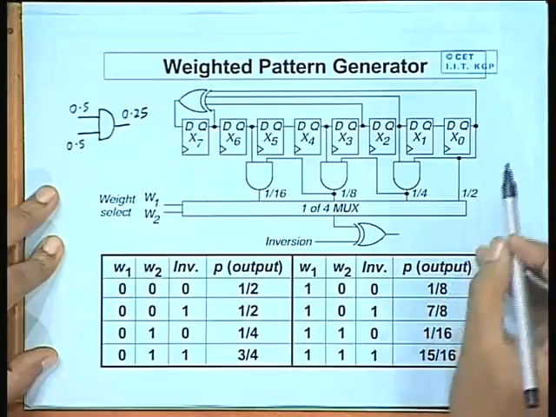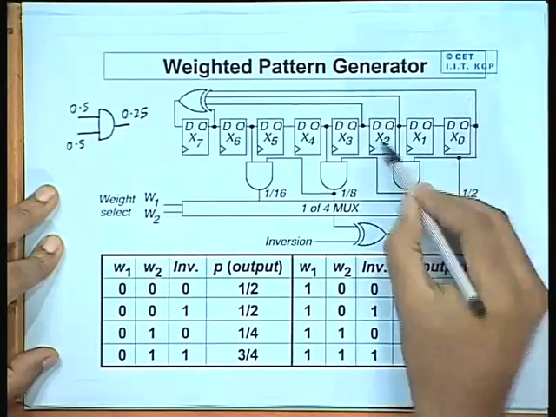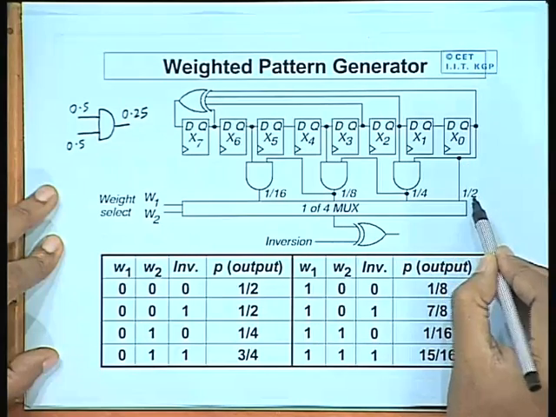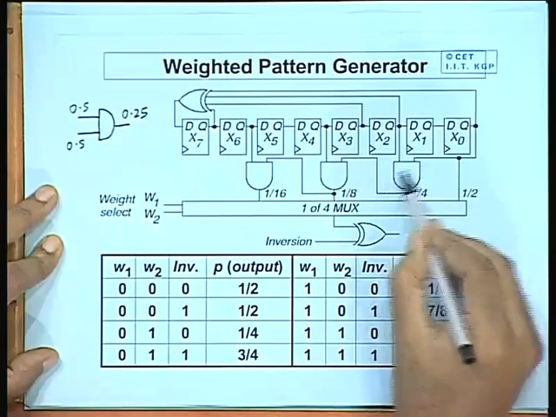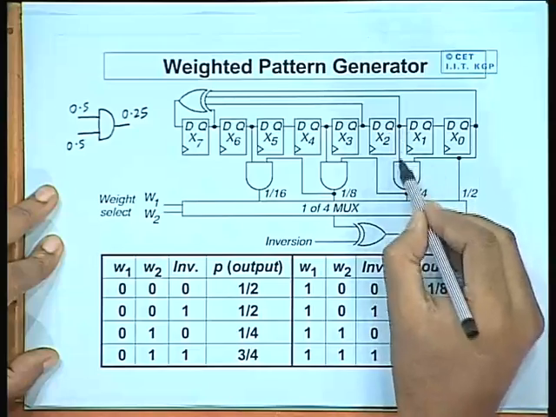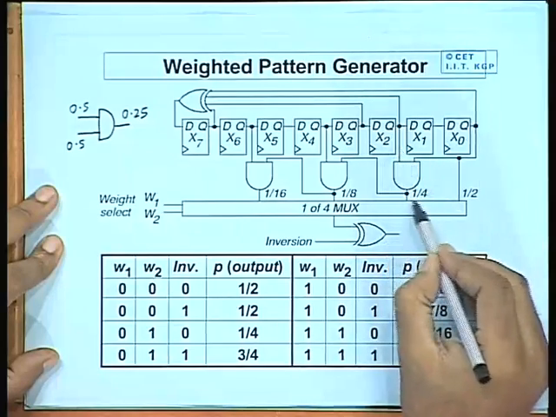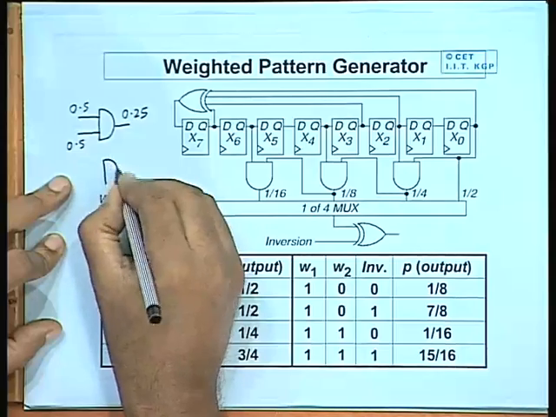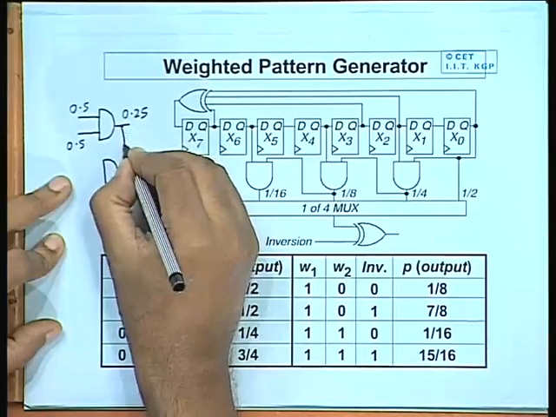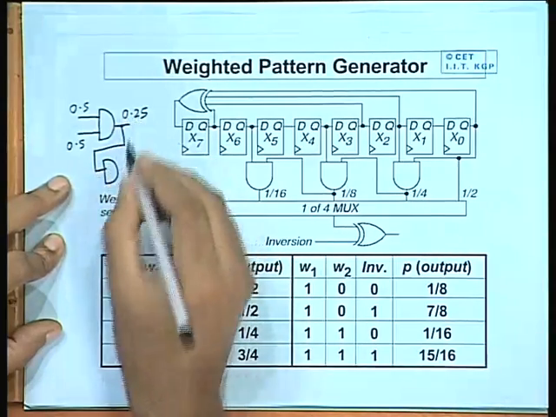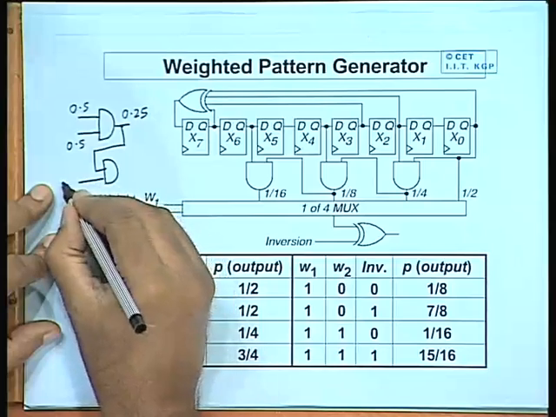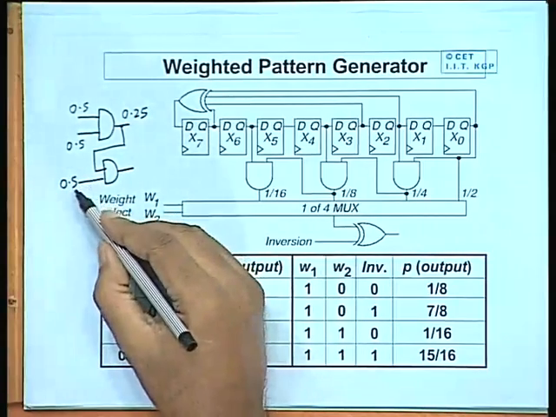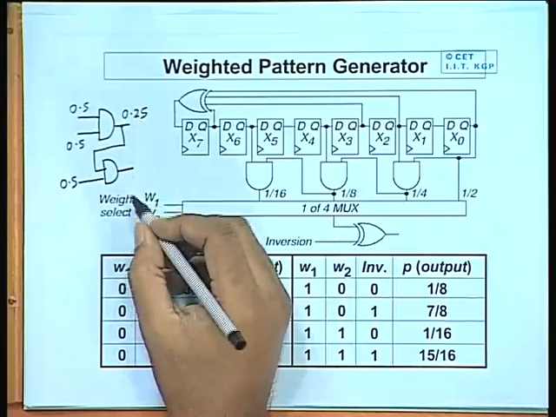So, you see that the individual line, say you take the output of this, here the signal probability is half. You take an AND gate, you take any 2 outputs and it is 0.5, 0.5, so output becomes 0.25. And you take another AND gate where one of the inputs you feed with a probability 0.25, the other you feed with 0.5, then what will be the output? 0.5 into 0.25, this will be the signal probability.